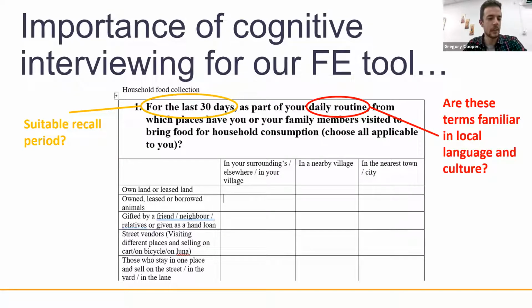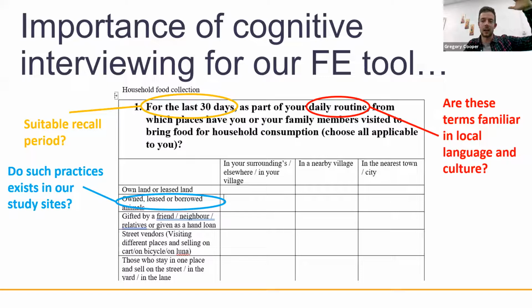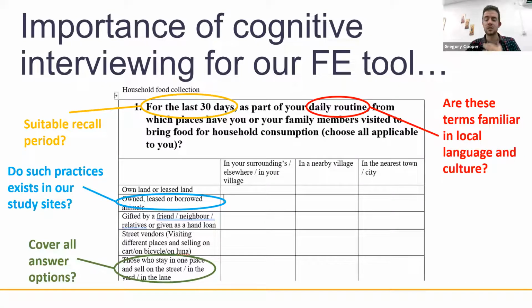In turn, do the different answers we have listed here, are these actually practiced in our study sites, or are they actually quite alien concepts? And lastly, do our options here on the left-hand side for where they have acquired food, are these exhaustive, or will we quickly find that participants have been to other sources as well?